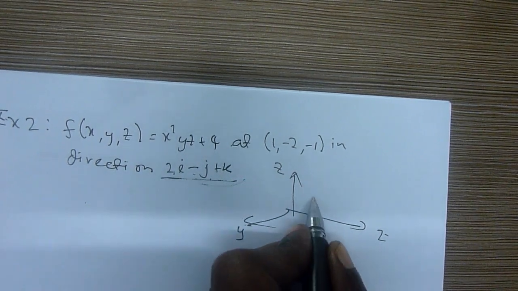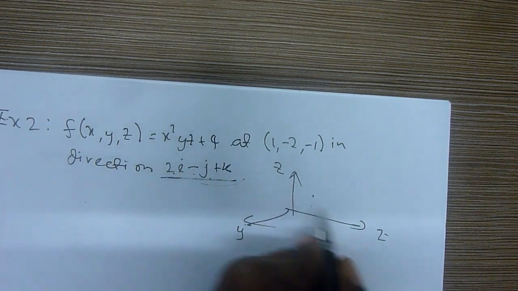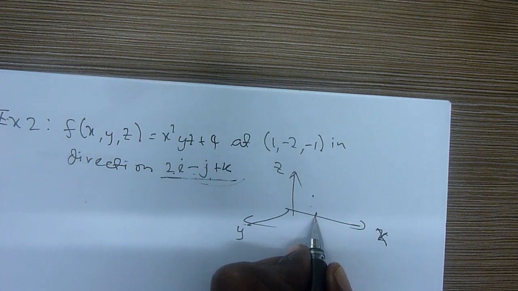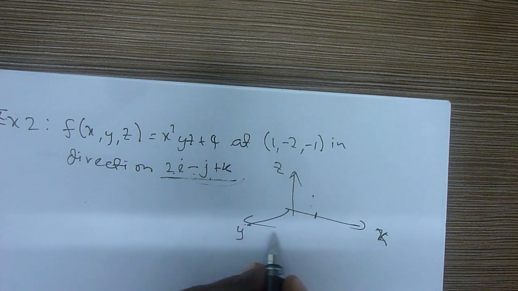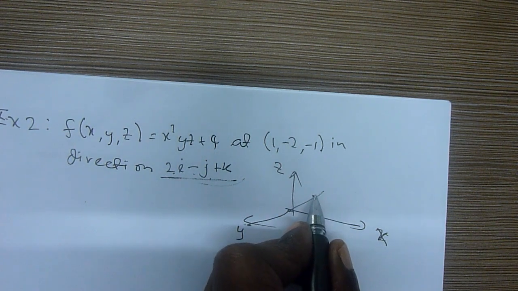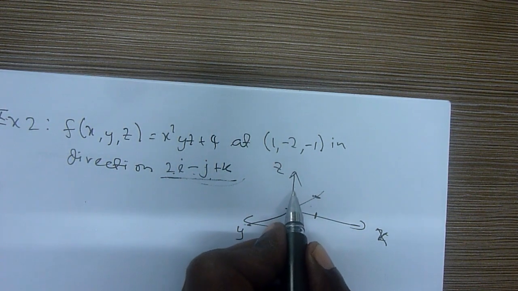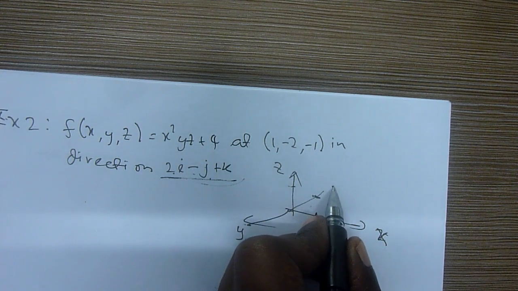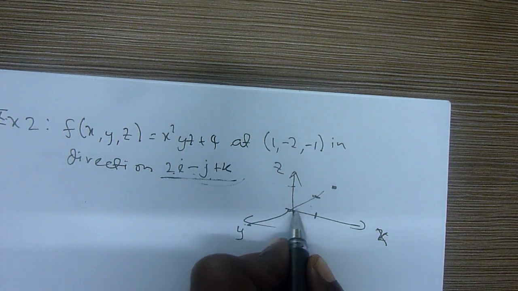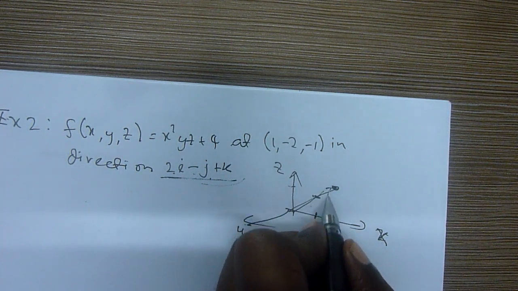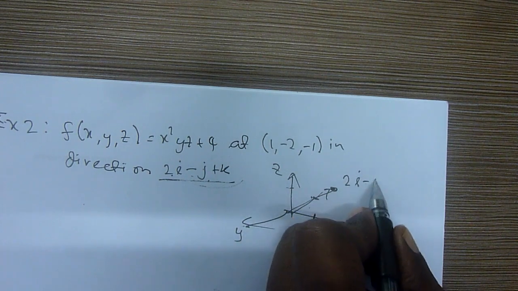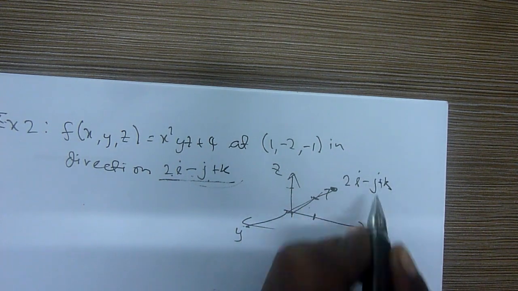When we see this, i means x, here 2, -1 of j, negative means at this side, and k is here. That means, let's say I put it here, this is the point and the direction that we are referring to, 2i minus j plus k.